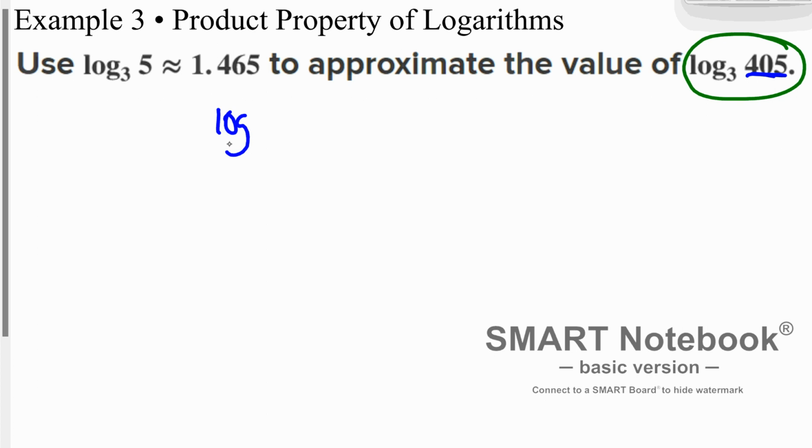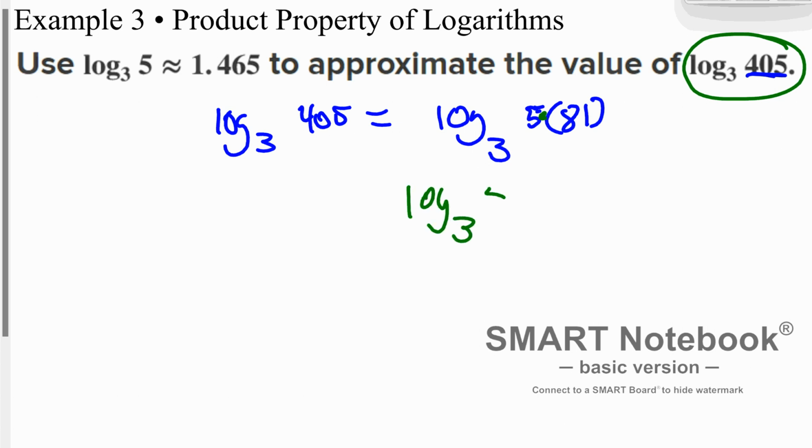So log base 3 of 405 becomes log base 3 of 5 times 81, which I'm pretty sure is right. Now this is a product, so I can separate that into two logs by addition: log base 3 of 5 plus log base 3, same base, of 81.